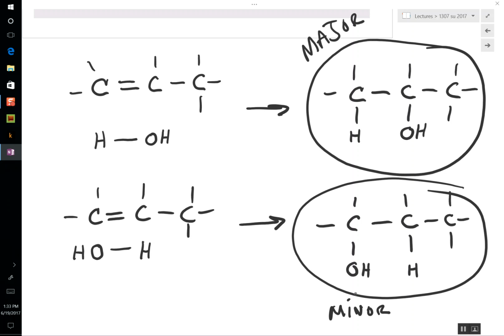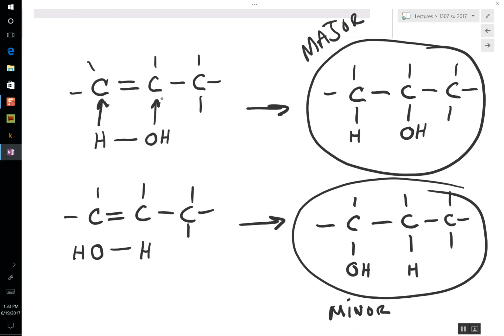Now look at this. This carbon has 2 hydrogens. That carbon has only 1 hydrogen. So Markovnikov's rule says that for the major product, the hydrogen is going to go to that first carbon that has 2 hydrogens on it, and the OH is going to go on that carbon that has only 1 hydrogen on it.